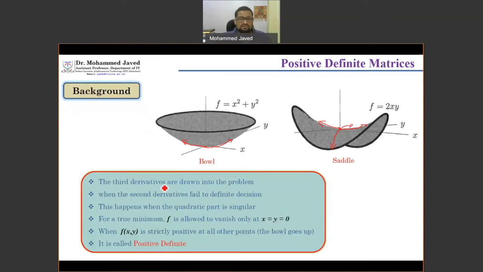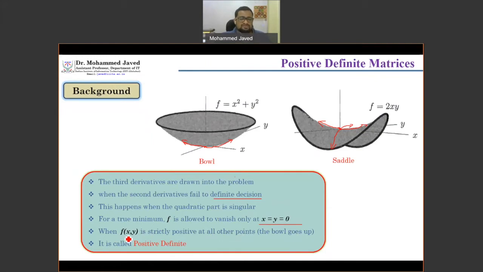The third derivatives are drawn into the problem when the second derivative fails to give a definite decision. We are unable to make any decision. This happens when the quadratic part is singular. For a true minimum, f is allowed to vanish only at x equal to y equal to 0. When f of x comma y is strictly positive at all other points, the bowl goes up.